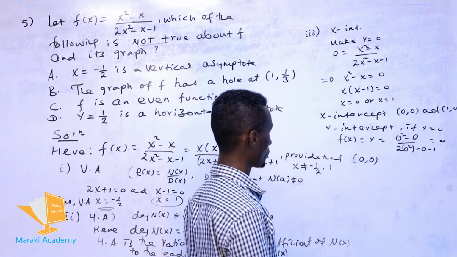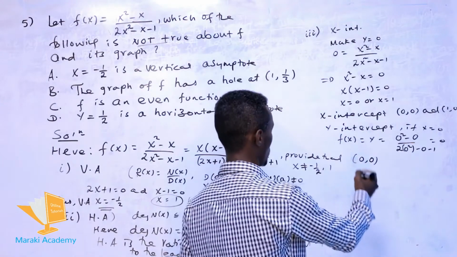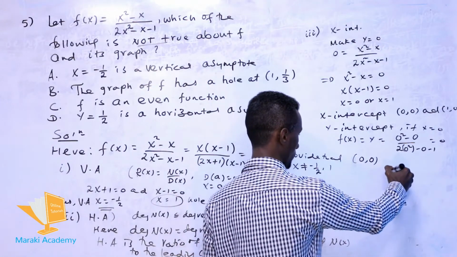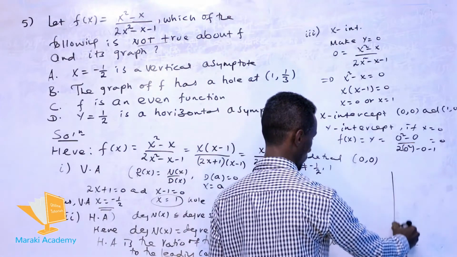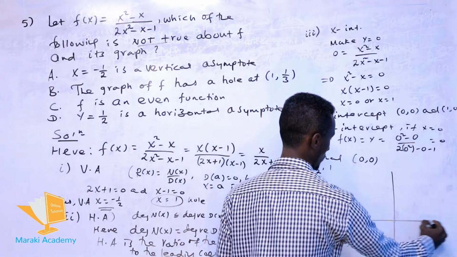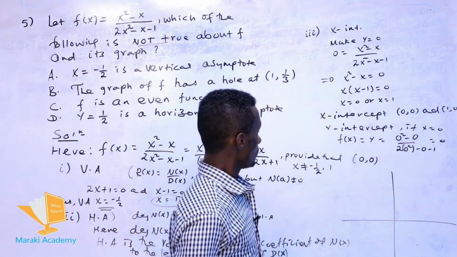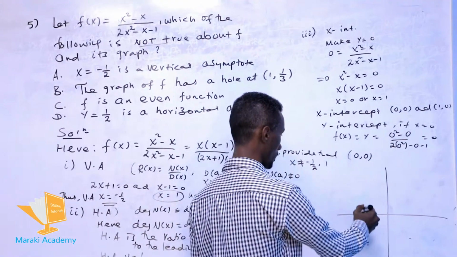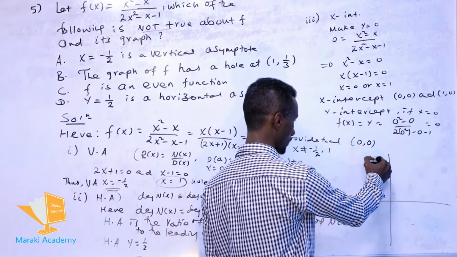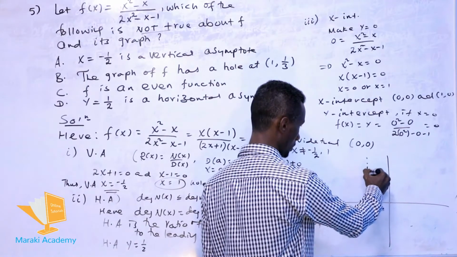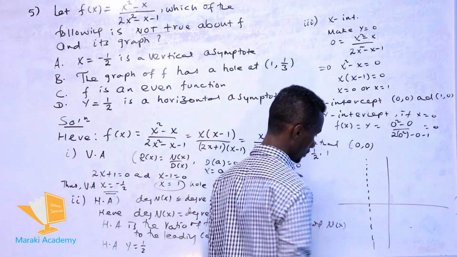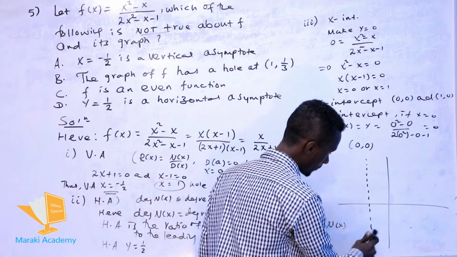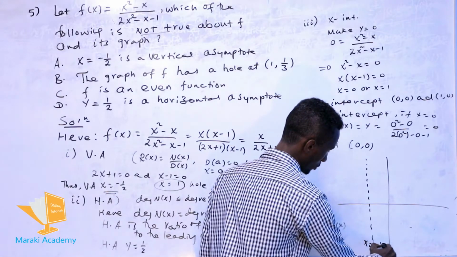So we can consider these points, then we need to draw the graph. We can sketch the graph. We put our vertical asymptote, which cuts the x-axis at x which is equal to minus 1 over 2.